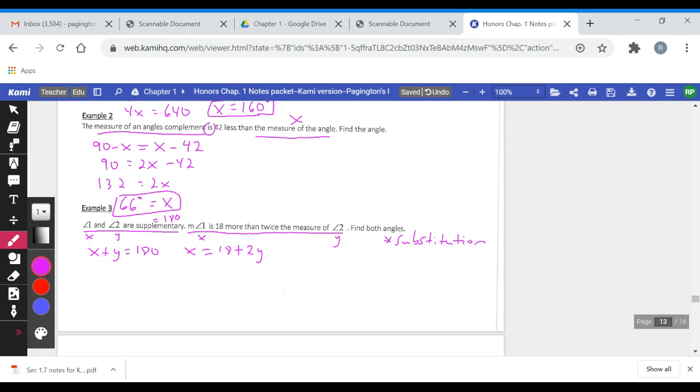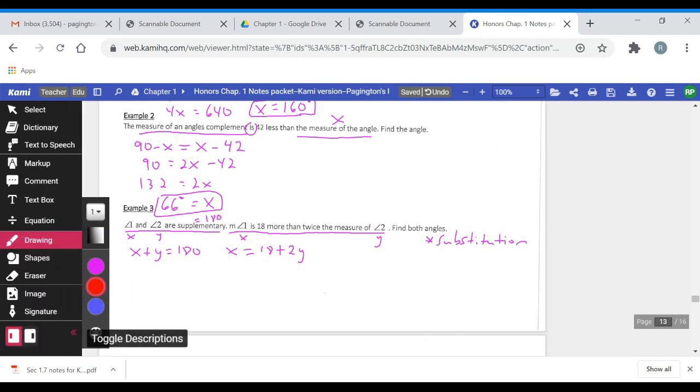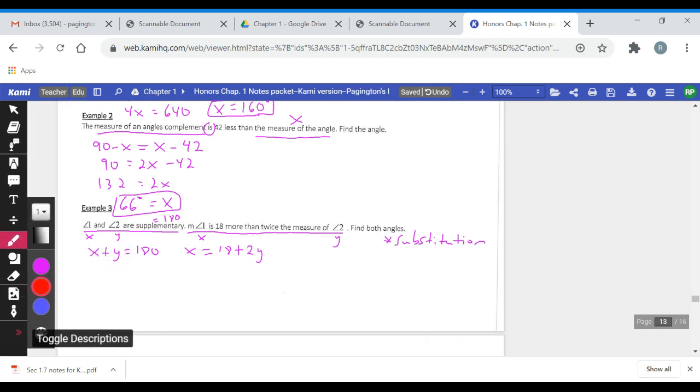So substitution means that if I want one of the variables by itself, which there's already an x by itself right here. So if x is equal to all this stuff, I can put all of that stuff in for x's place over here.